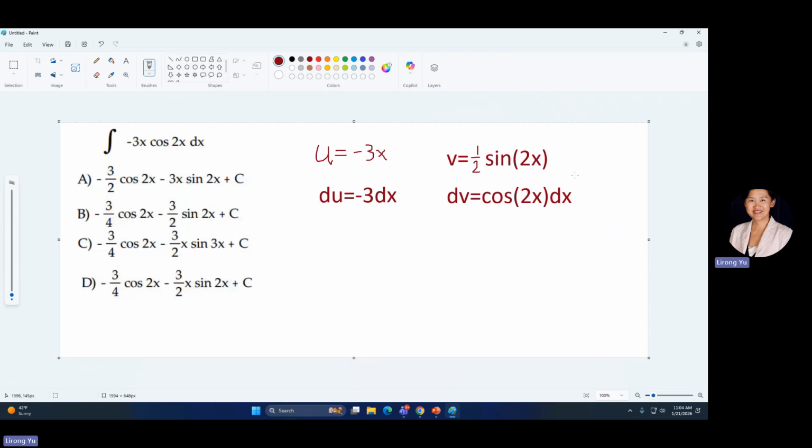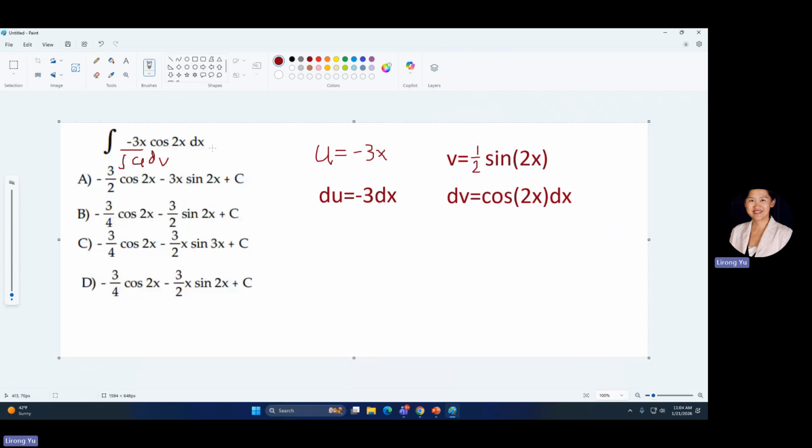Are we okay with that? Chain rule. So now we have the right u and v, and follow the integration by parts. So this is a u dv integration. u is negative 3x, dv is cosine 2x dx.